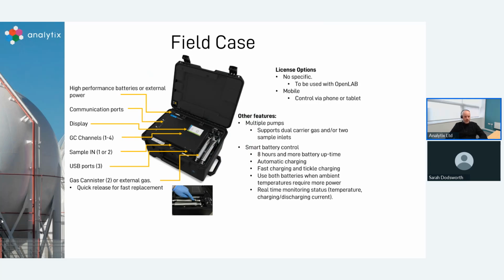And then we've got refillable gas canisters with quick releases. So we can fill these prior to going out into the field with our required carrier gas, whether that be argon, helium, etc., or 2 of the same carrier gas if we need to. And these are basically loaded into the field case. So when we take it out into the field, we've got up to 8 hours of operation.